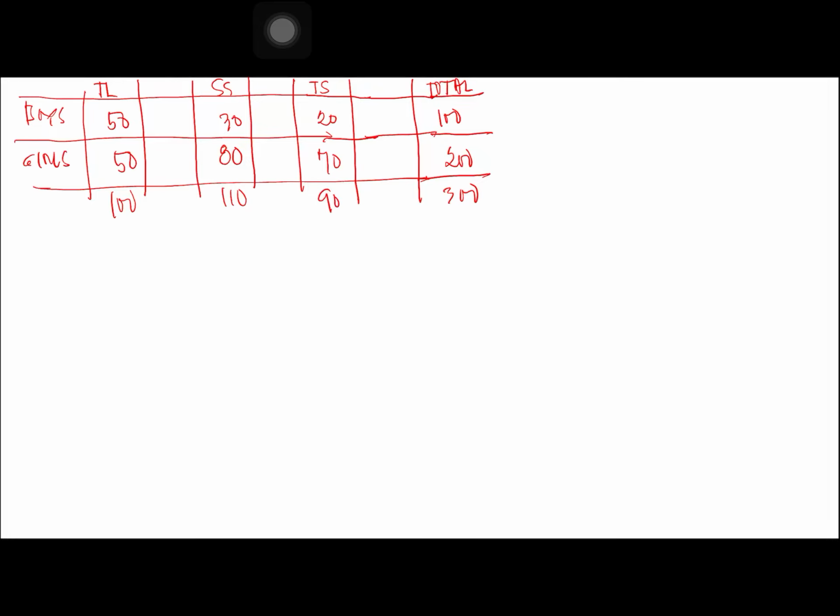So let us compute for the expected values. We have TL expected, SS expected, and TS expected. How are we going to compute this value? For this one, that would be 100 times 100 divided by 300.